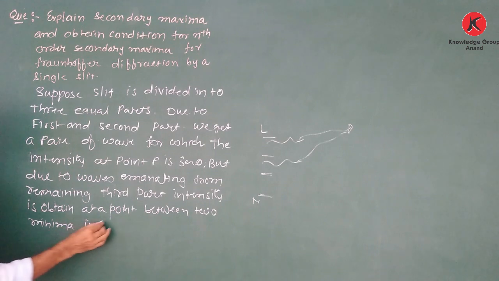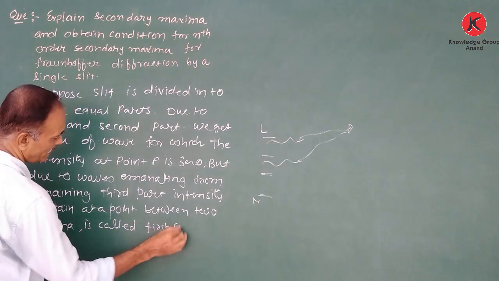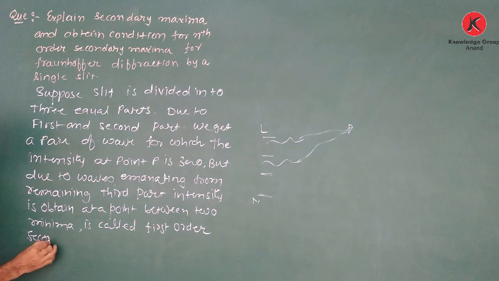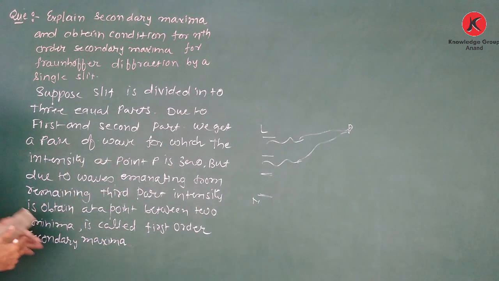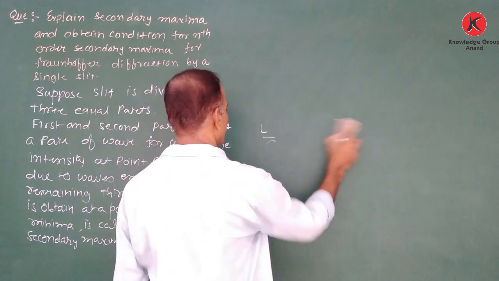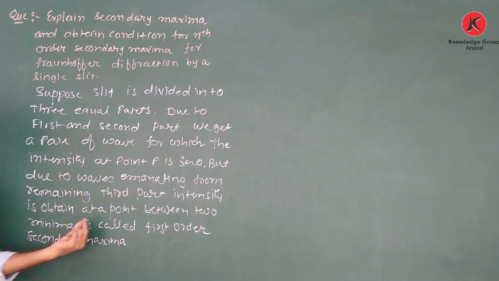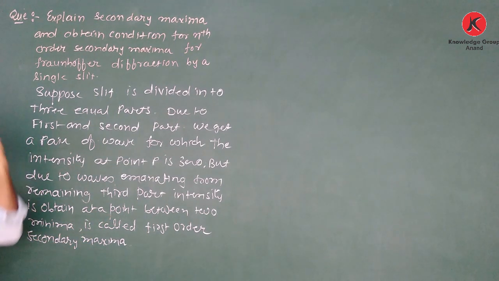This is called the first order secondary maxima. This point is obtained between the two minima. Here there is some intensity due to the waves emanating from the third remaining part, so that is known as the first order secondary maxima.